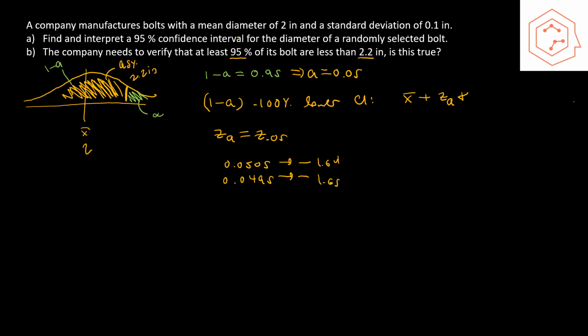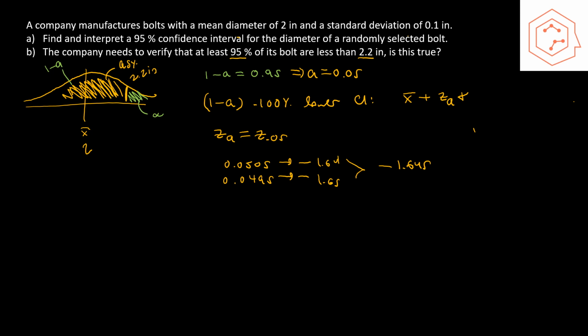We're interested in 0.05, which is in between both these values, and so we'll average them to get a z-score of negative 1.645. And so the area below the z-score of negative 1.645 equals 0.05.